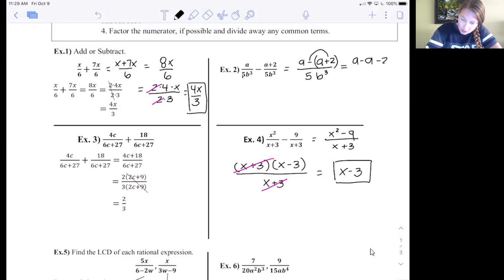So minus 2 over b cubed. I have to make sure this negative goes to the a and to the 2. So let me rewrite it like this: minus a minus 2 over 5b cubed. The same thing, a minus a is still 0, but now I have a negative 2 over 5b cubed. Sorry about that.